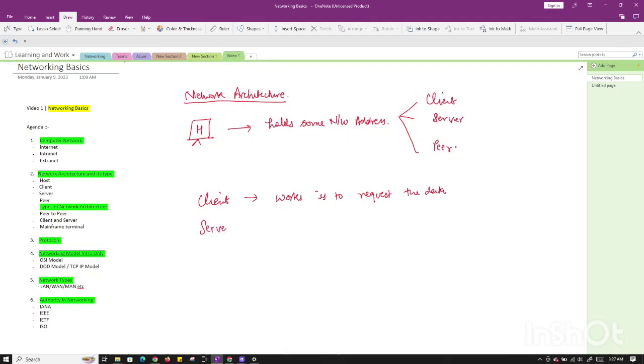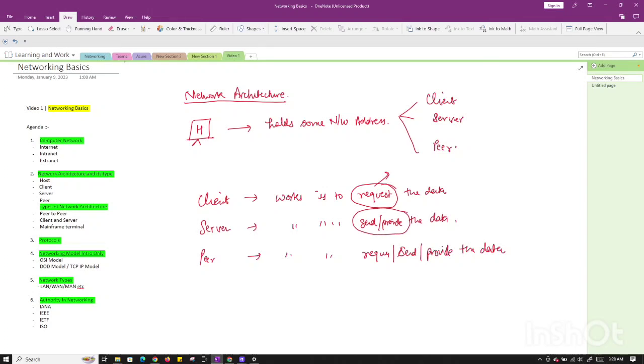If we are calling it a server, its work is to send or provide the data. If we are calling it a peer host, that means its work is to request, send, and provide the data. So a client has the capability of requesting data, a server has the capability to send and provide the data, and a peer has both capabilities. So a client or peer can utilize the data from a server or peer.